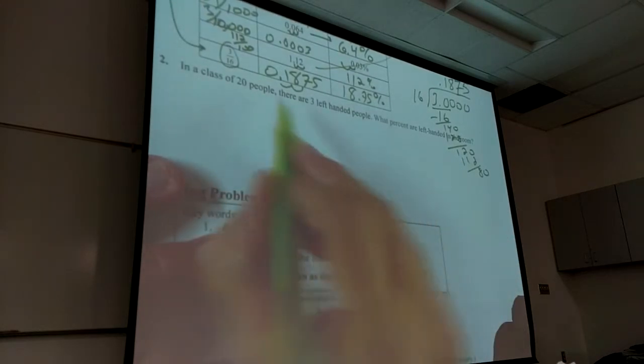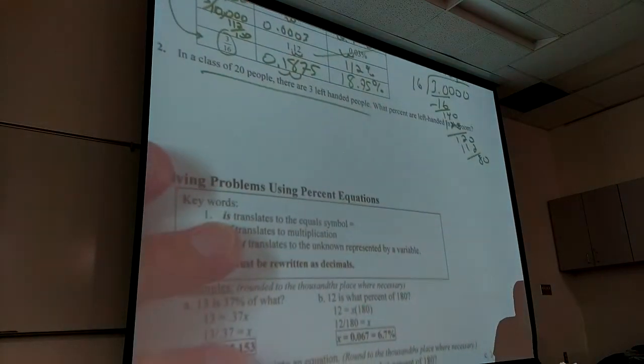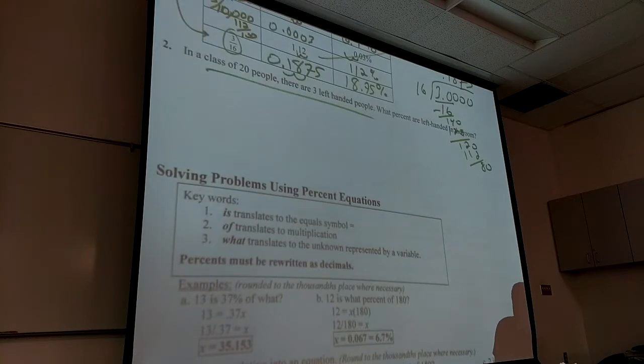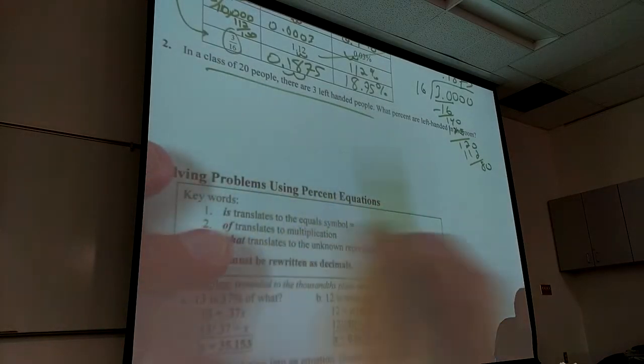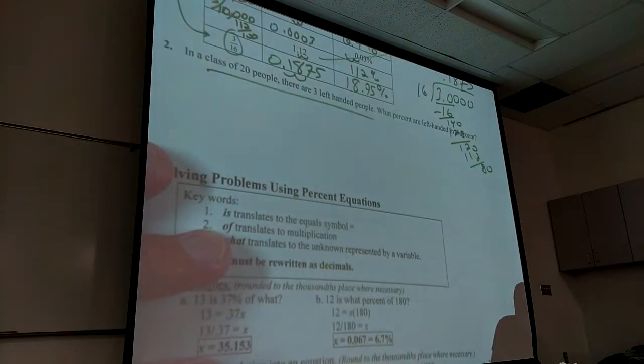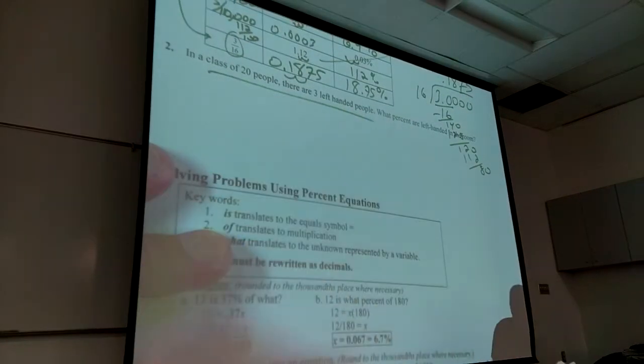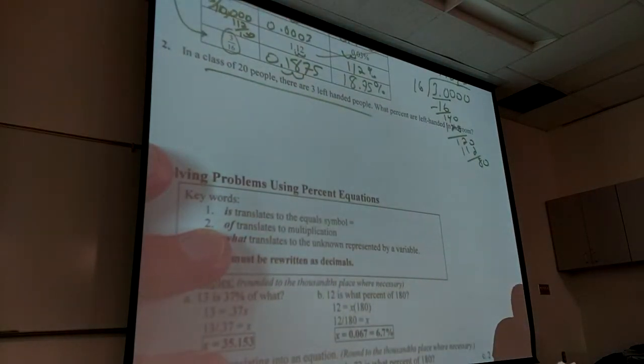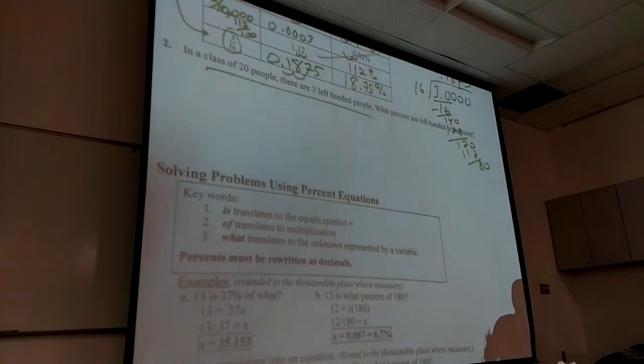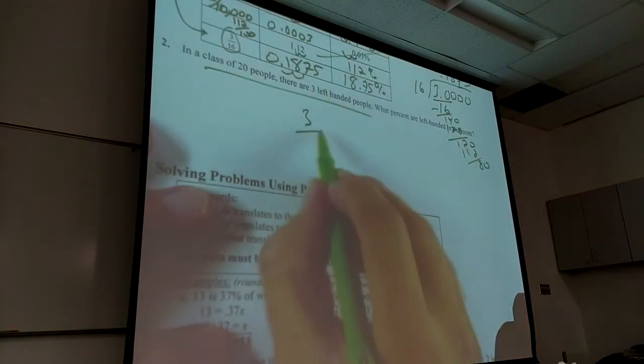So this one real quick. It's really depressing to me when I teach statistics and we do probability and people can't do basic percentages. 3 left-handed people out of 20. Each person's 5%. There's a lot of different ways, but by the textbook way to do it, there's 3 out of 20.